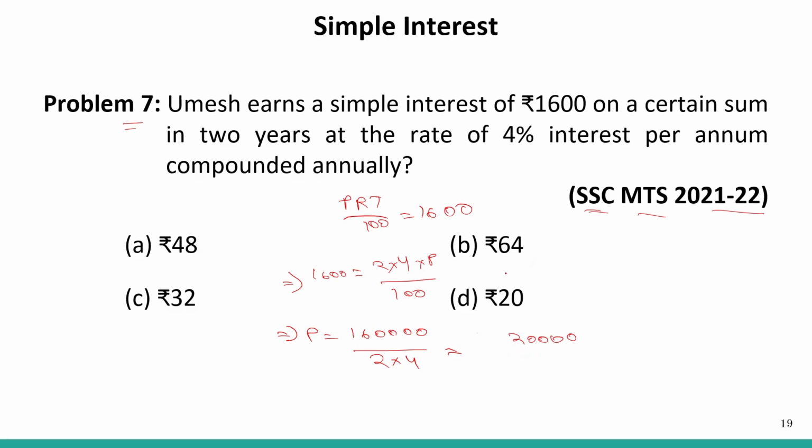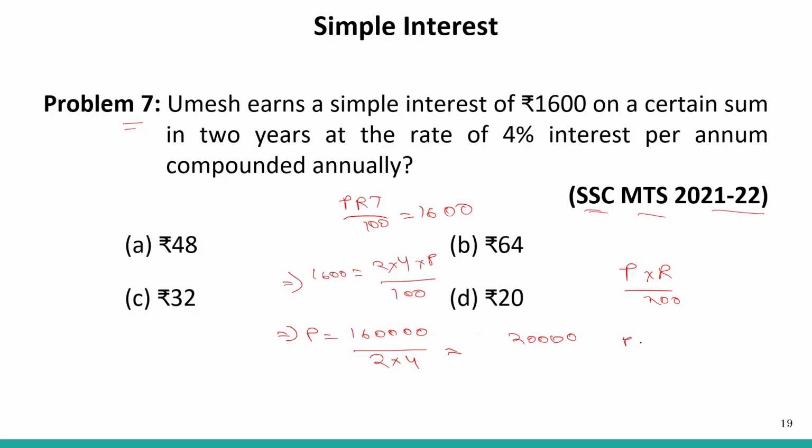Okay, so what we are asked here is, per annum the compound interest will be how much? For a certain principal amount, let the principal amount be P, for 2 years, the difference between compound and simple interest will be P into R squared by 100 squared, which is P R by 200 for the shortcut.